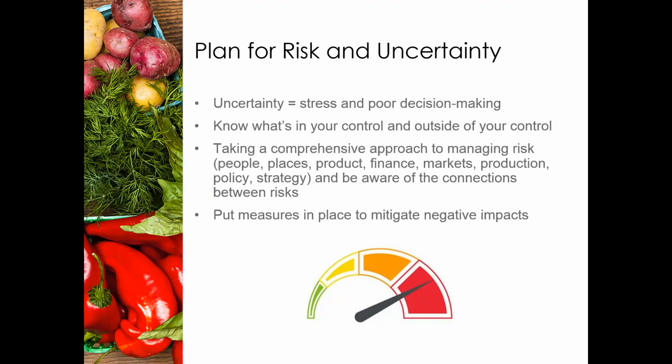And we're going to look at some of those a little bit later, but just the idea of going beyond what traditional risk management has been, which is mostly dealing with your insurance programs. And of course, you want to put in the measures that help to mitigate those negative risks, or those negative impacts.